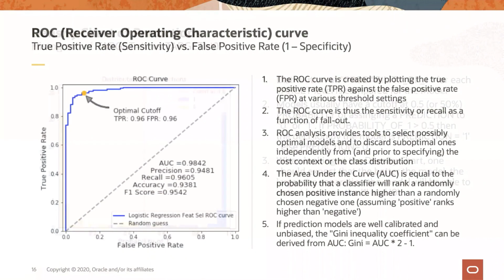Also, the next one is the receiver operating characteristic curve, or ROC chart, or ROC curve. And basically what it is doing is plotting the true positive rate against the false positive rate, right? So again, you have the famous random guess, which means there's no model.